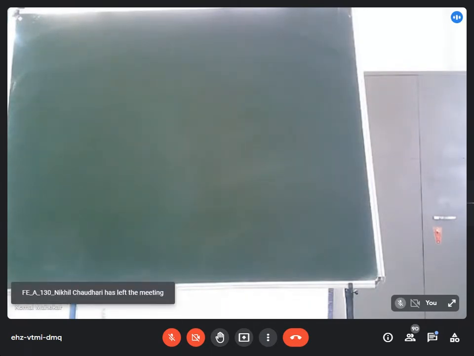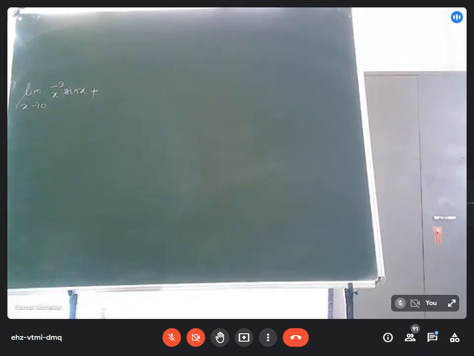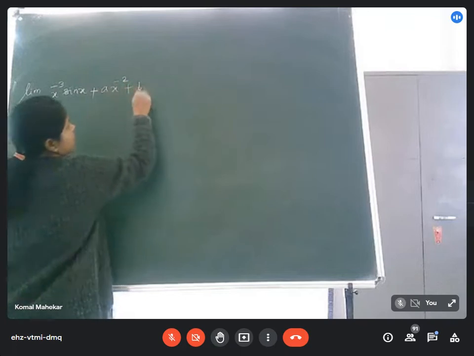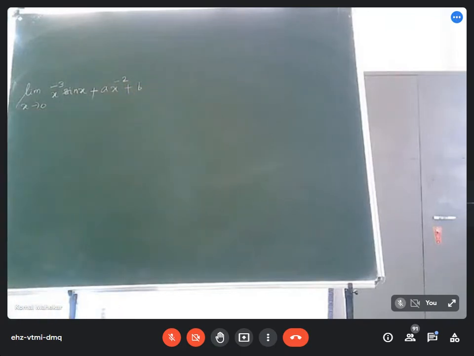If limit x tends to 0 of x raised to -3 into sin x plus a x raised to -2 plus b is equal to 0.